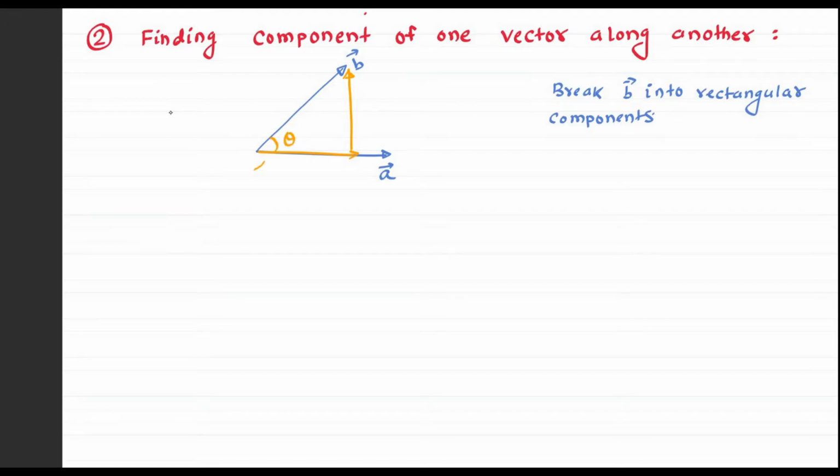And if this angle is theta, this will be B cos theta. This is B sin theta. This is component of B along A, correct? You can see B cos theta is the component of B along A, right?